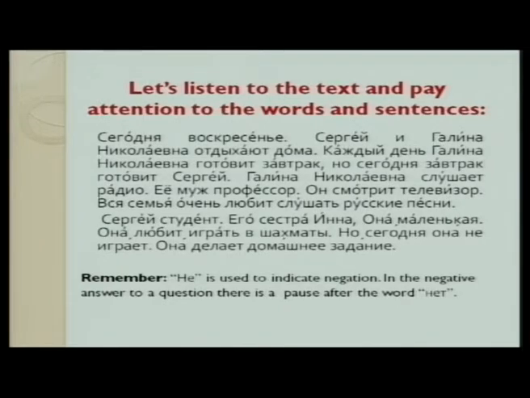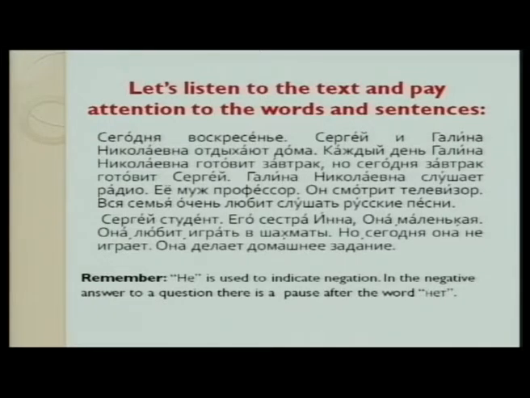Dear learners, when we are reading the text, there are several words and expressions which we have already learned in our previous lessons. In this text, we have also used a good number of verbs which were already taught to you in the earlier lessons, like отдыхать, which means to take rest.